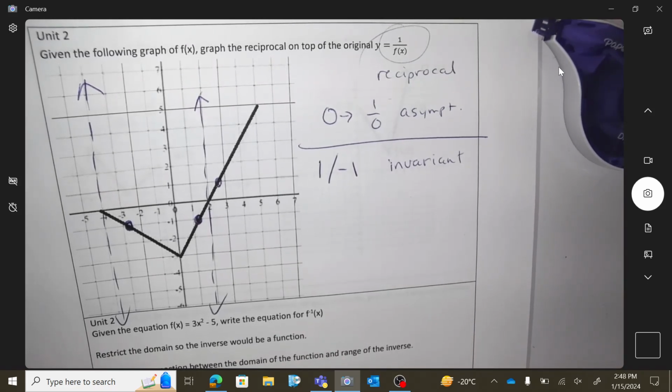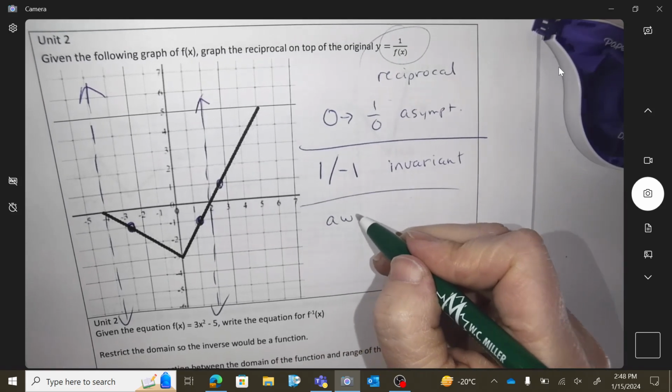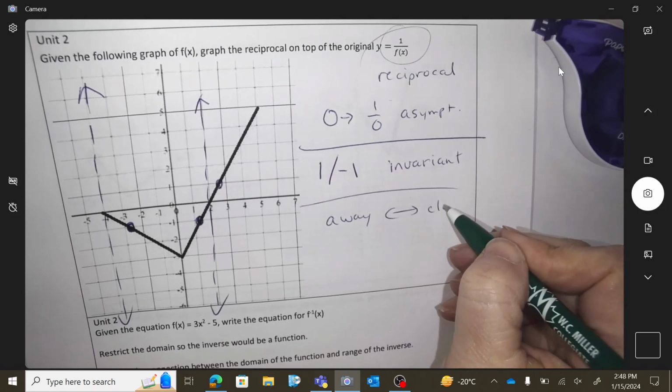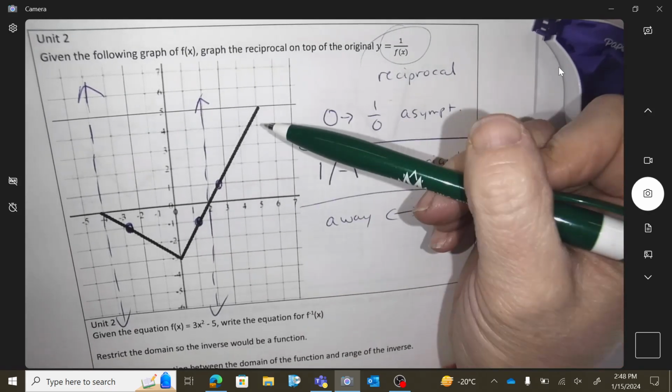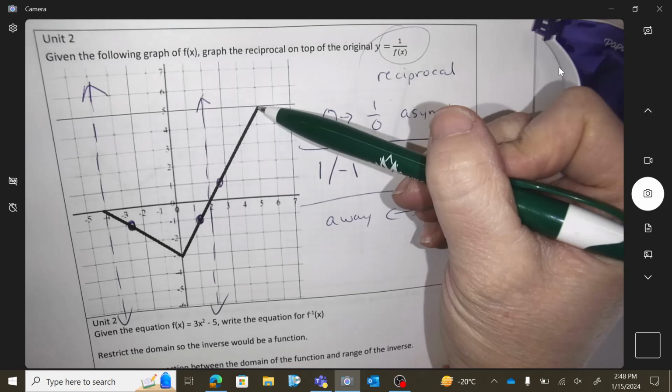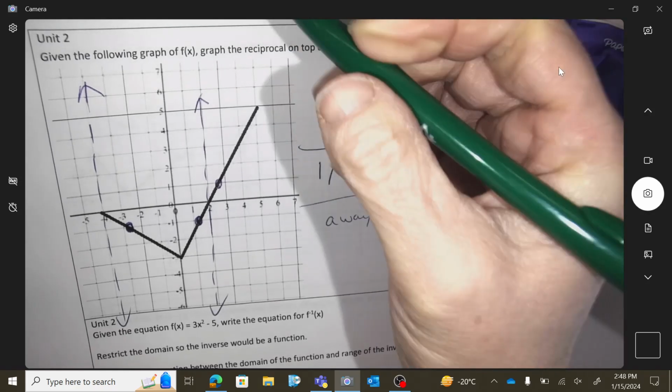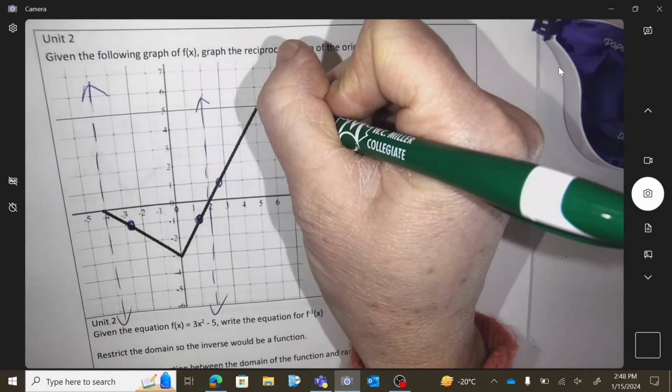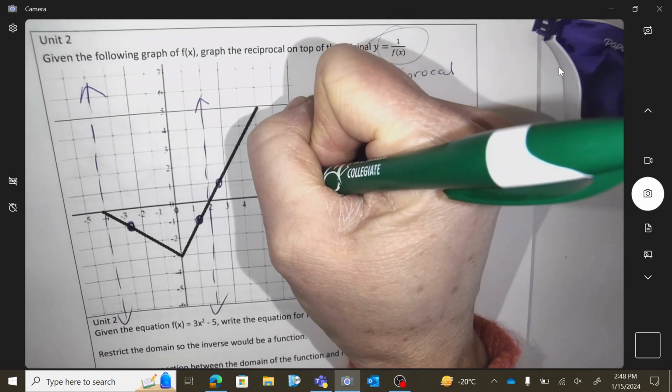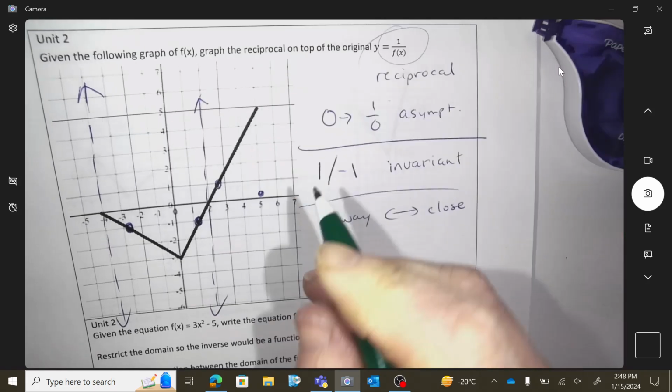Then the pattern, away and close. Okay, so this is the farthest point away from 0. It's the highest, so now it would become closer to 0. So if it had a height of 5, it would now have a height of 1/5.